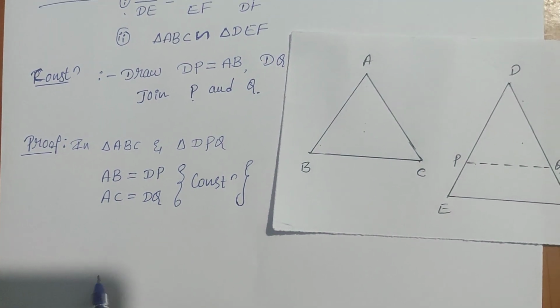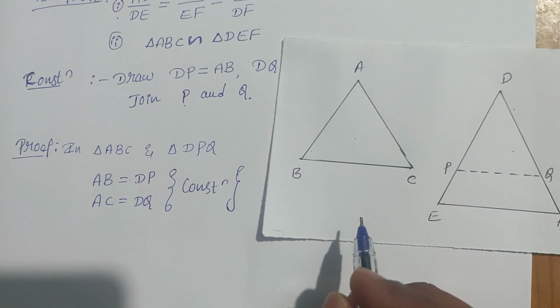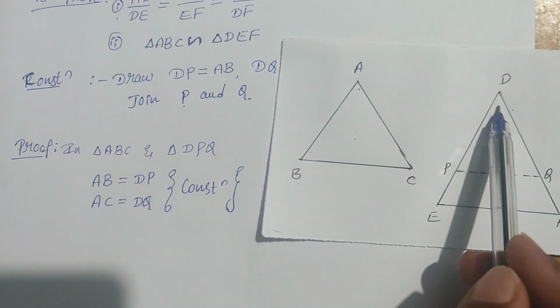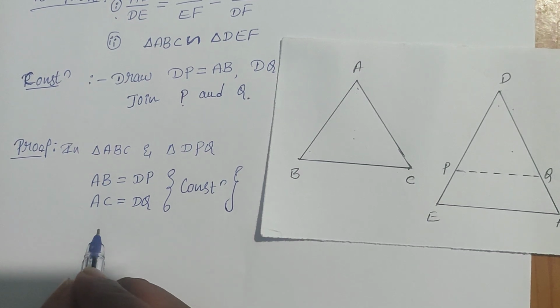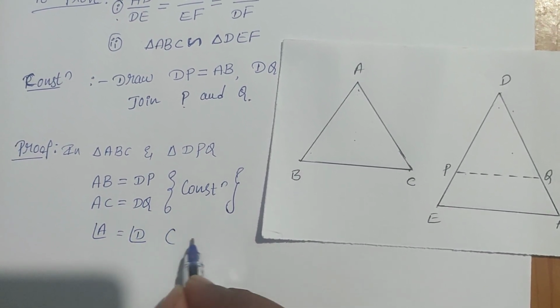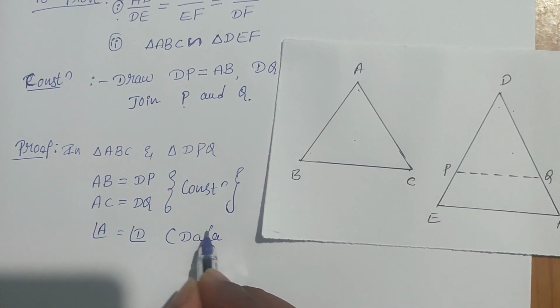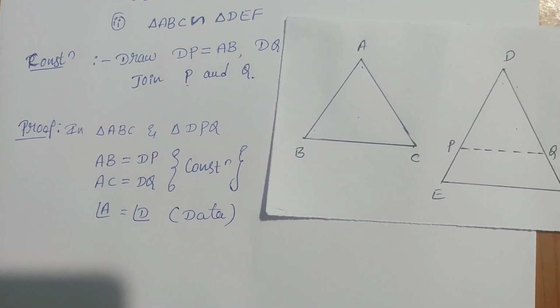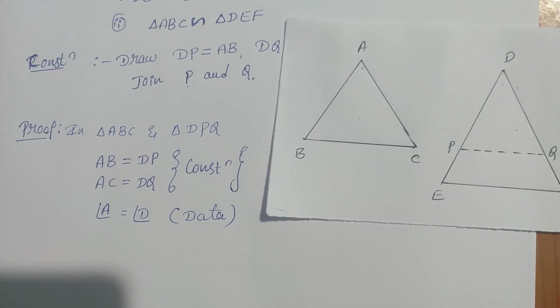And now the data is there, that is, the corresponding angles are equal. Angle A is equal to angle D. So I will use that thing here. Angle A is equal to angle D. This is from data. So you just remember the SAS congruency rule from the 9th standard.